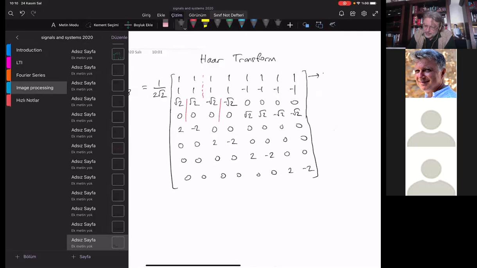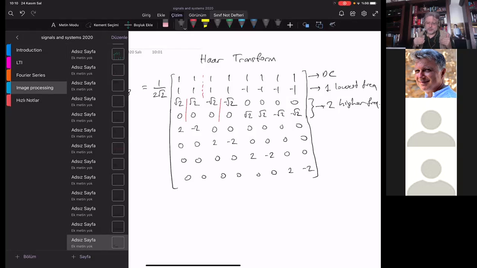First you have a DC, okay? Then you have one lowest frequency. Then we have 2 higher frequencies. Why is it higher frequency? Because one of them is 1, 1, 1, 1, minus 1, minus 1, minus 1, minus 1.